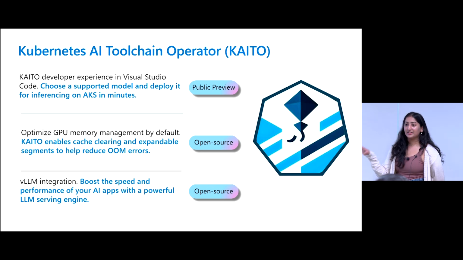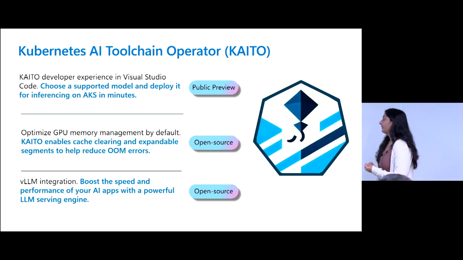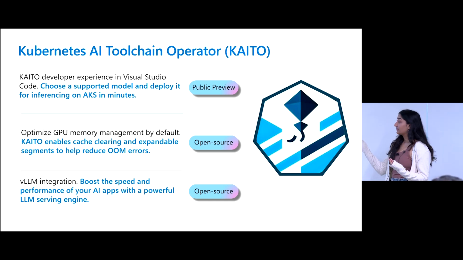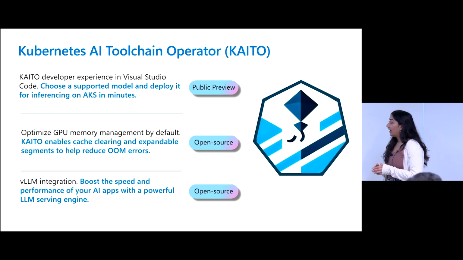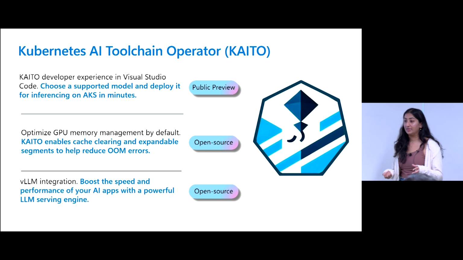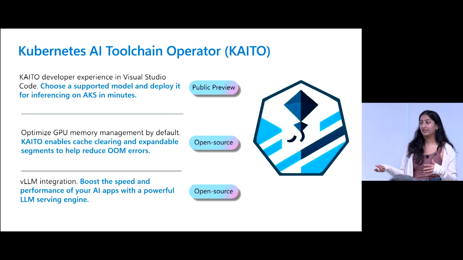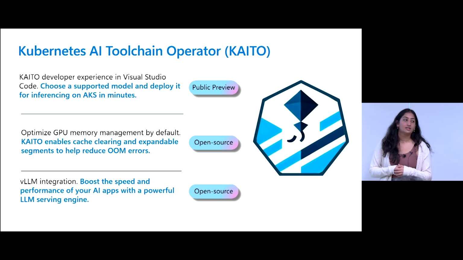I won't go too much into the technicalities of that, but essentially it helps avoid workload disruptions when you're running long-running AI workloads, whether it's model serving, fine-tuning, et cetera. And in open source, we recently released the integration with vLLM. I'll show how that works and how it's boosted the speed and performance of model serving by leveraging the open source vLLM serving engine.